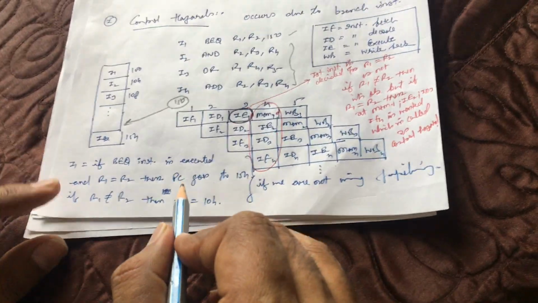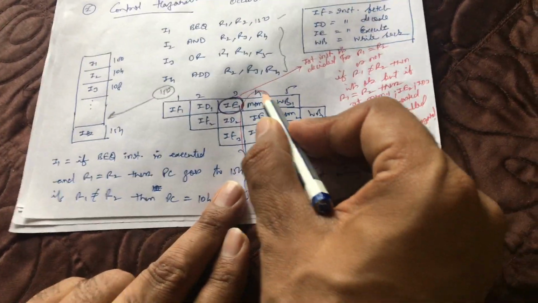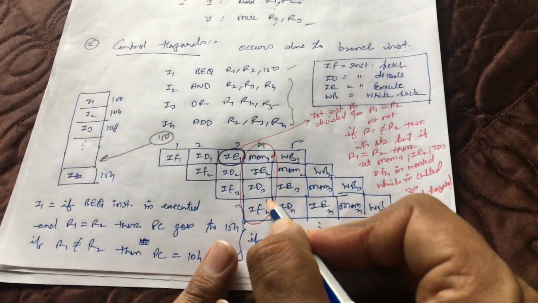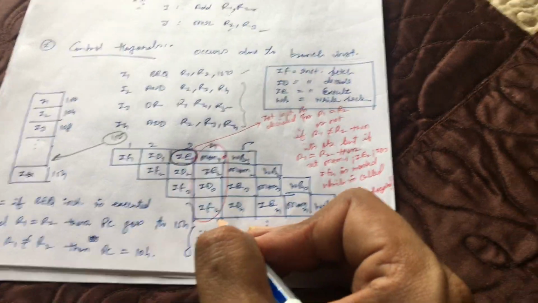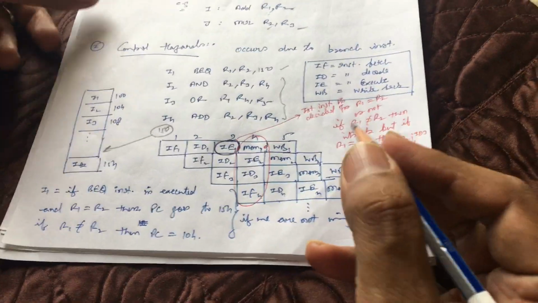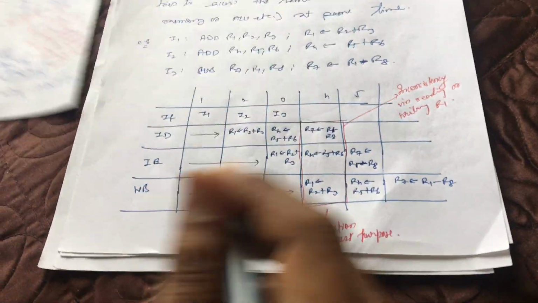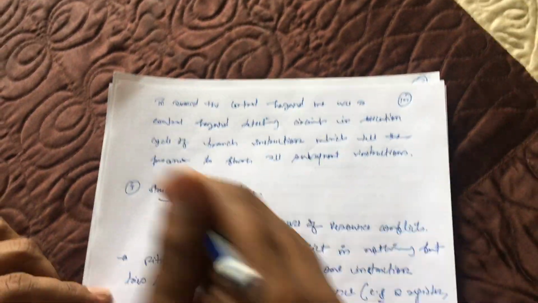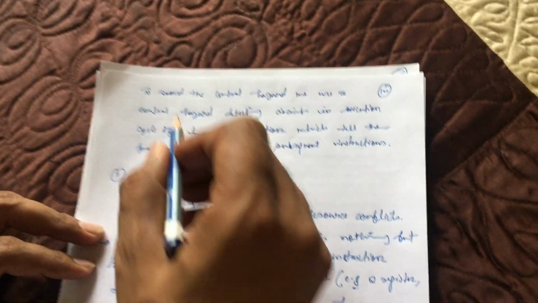In this case, we are going to flush out these instructions. To do so, we need to make some kind of control circuitry.